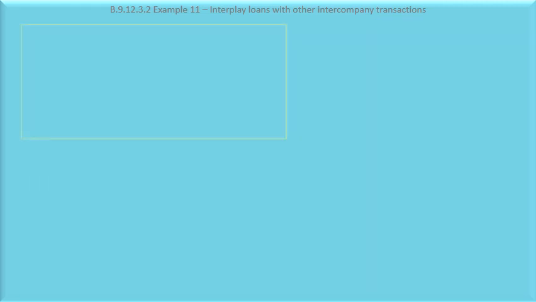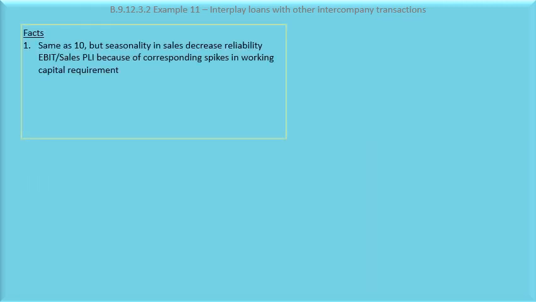And then if we get to example 11, the facts are the same as they were in 10. But it also turns out that BCO deals with seasonality in sales, and that causes spikes in the requirements of its working capital, because after a season of high sales, it needs more cash to pay ACO, which it has to do before it gets the money from its customers.